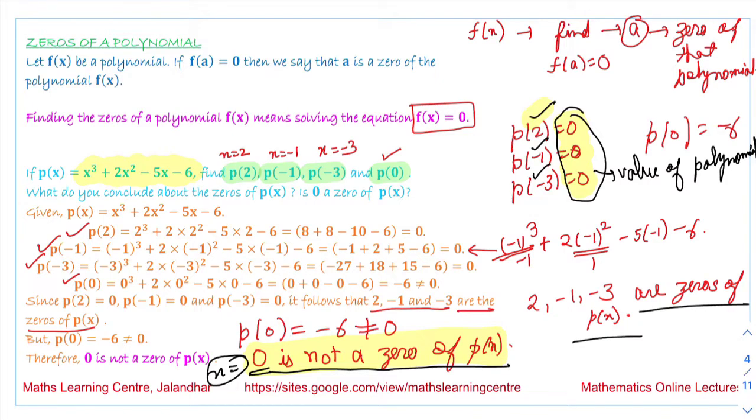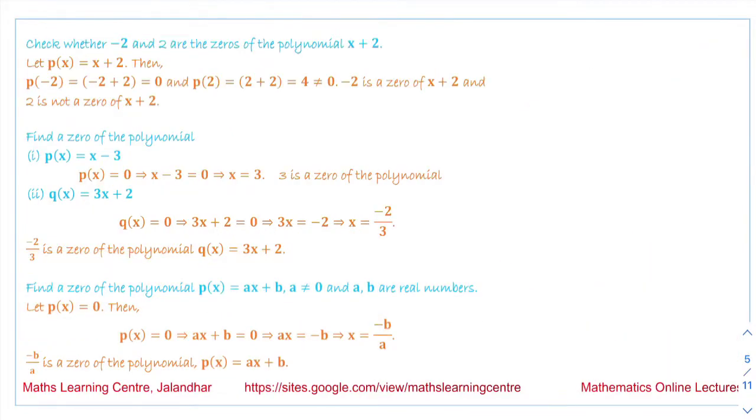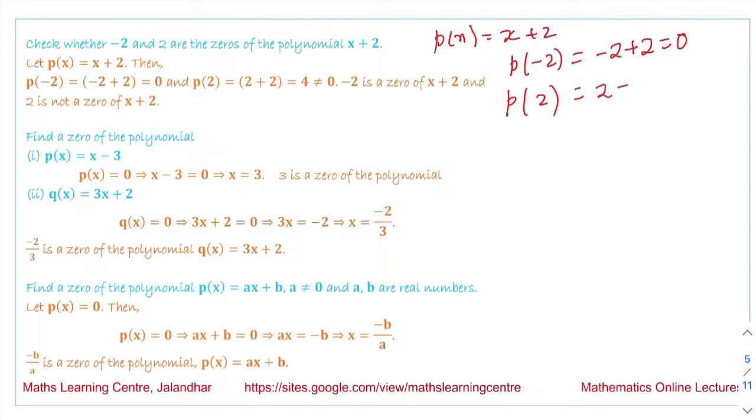Next we have to check whether minus 2 and 2 are zeros of x plus 2. So we are saying that px is equal to x plus 2. So first we have to put x is equal to minus 2 and then x is equal to 2. When we put x is equal to minus 2, it is minus 2 plus 2 is equal to 0, and when we put 2, it is 2 plus 2 is equal to 4.